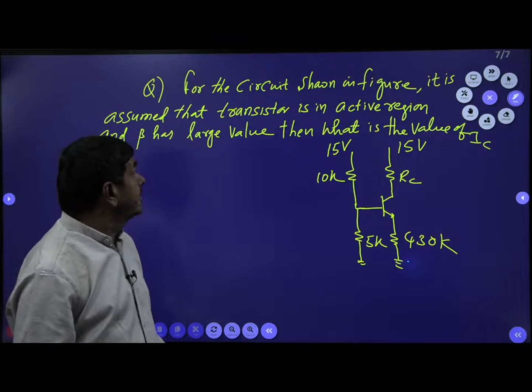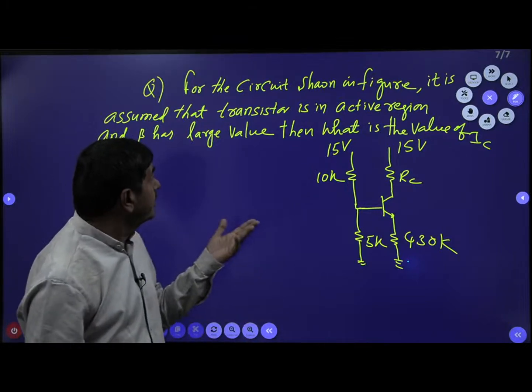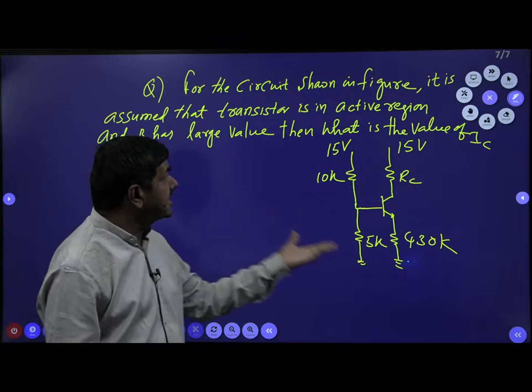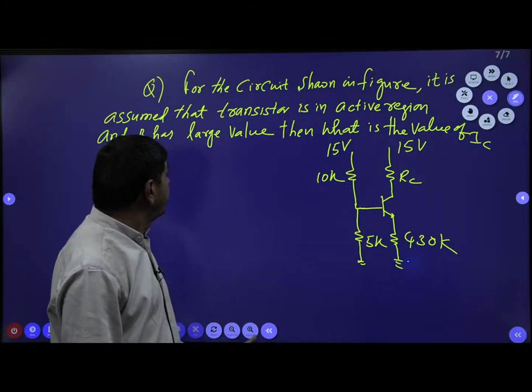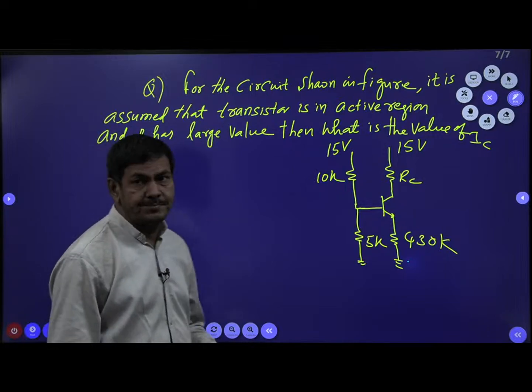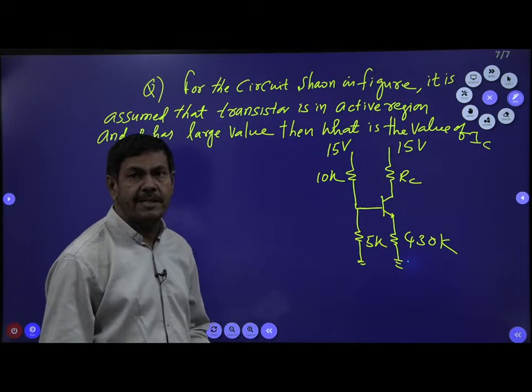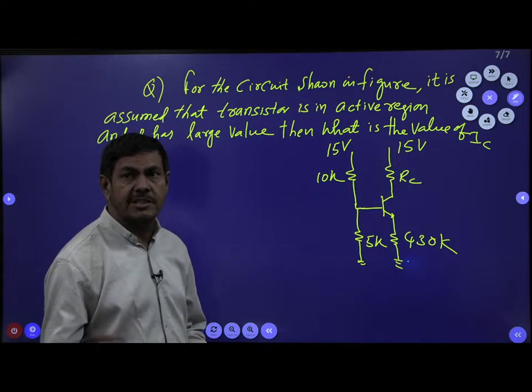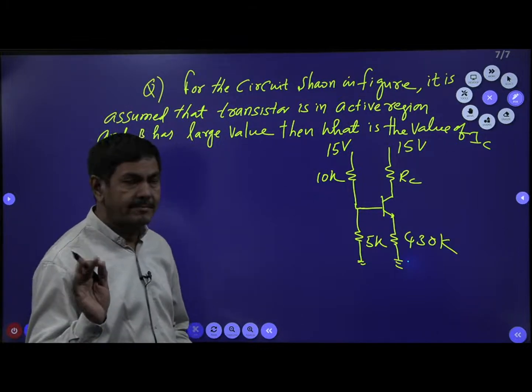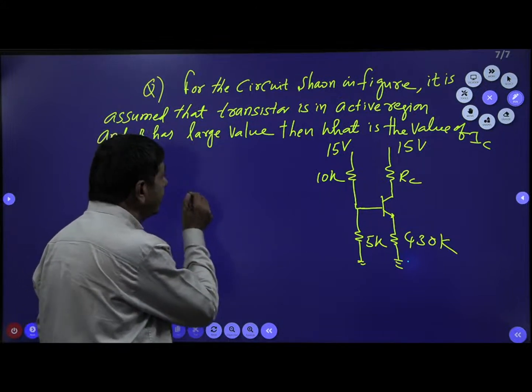But what is asked in the problem? For the circuit shown in the figure, it is assumed that the transistor is in active region. Beta has a large value. I said already, when beta is very large, base current is approximately equal to 0. In the last class, I explained.